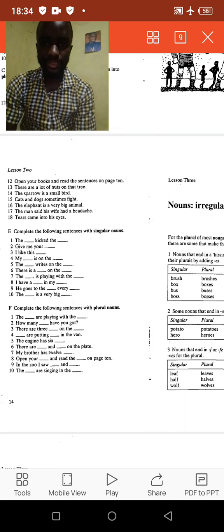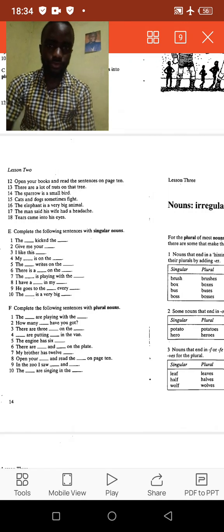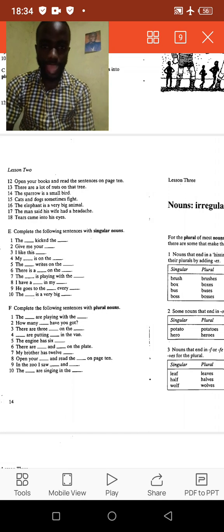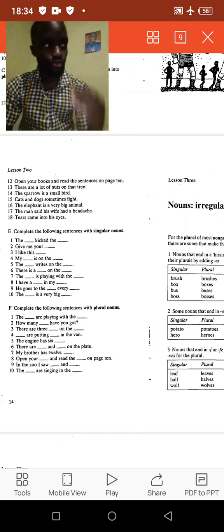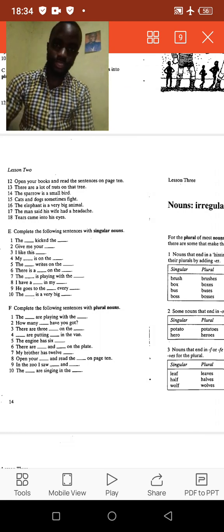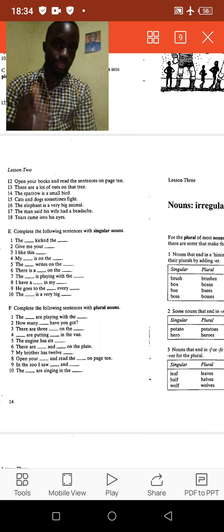Okay, let's say the Mandinkas are playing with the Fulas. Or we can say the Jolas are playing with the Serils. You just make sure that you increase what? The number to more than one. How do you do that? You add an S to the noun.